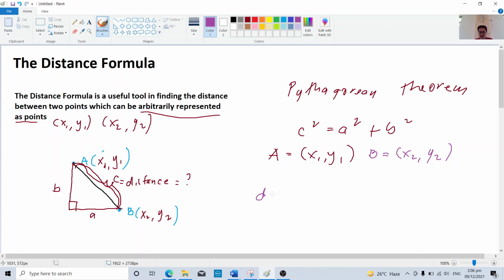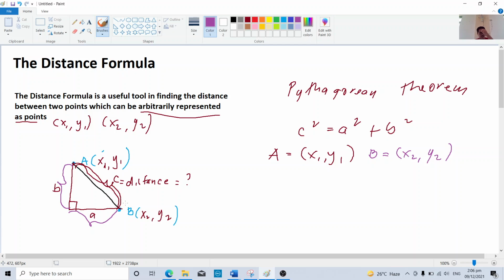Distance formula is equal to the square root of x sub wait lang. Di ba yan yung dalawang points? Explain muna natin kung paano natin makukuha yung distance nito.